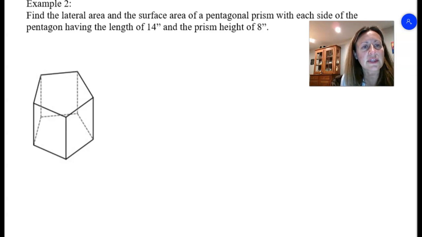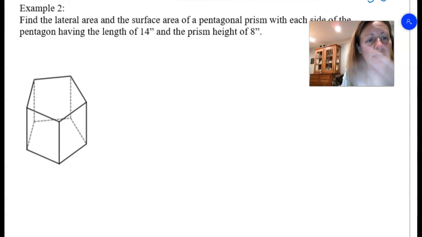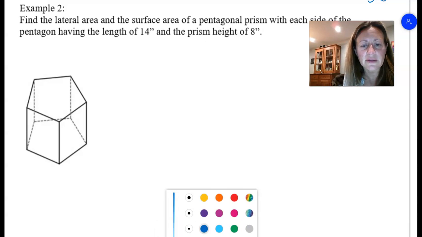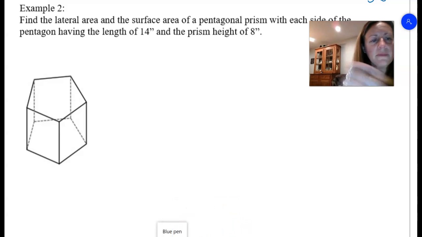So let's take a look at this pentagonal prism. And it says find the lateral area and surface area, if each side of the pentagon base has a length of 14 and the prism has a height of 8. Okay, with that information I can label the different parts of the diagram to start with. Each side of the pentagon is 14, like so.